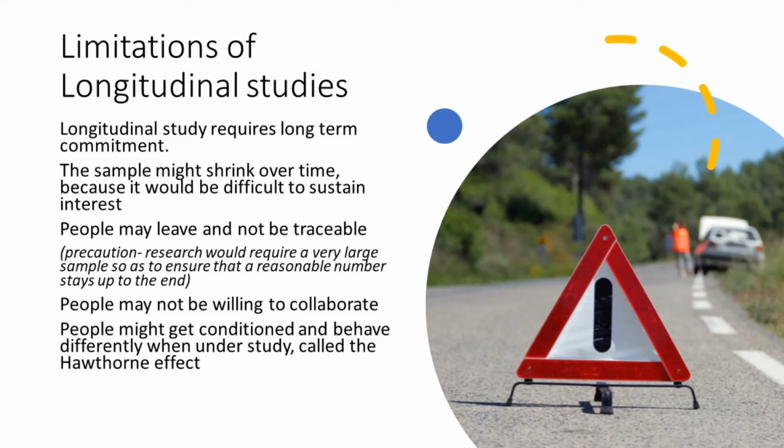They start behaving differently when under study, which is called in sociology the Hawthorne effect. Why the Hawthorne effect? Because it was first found in a company called Hawthorne Electric Company that people under study might get influenced by the very fact that they are being questioned or studied.